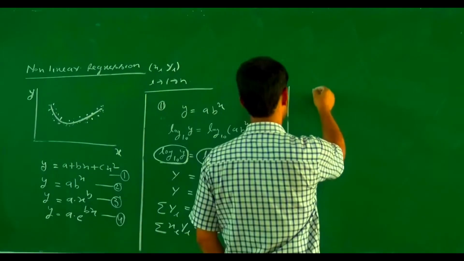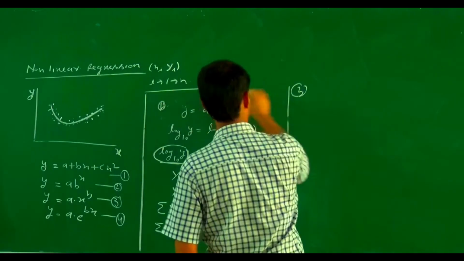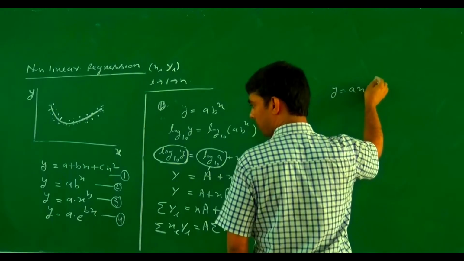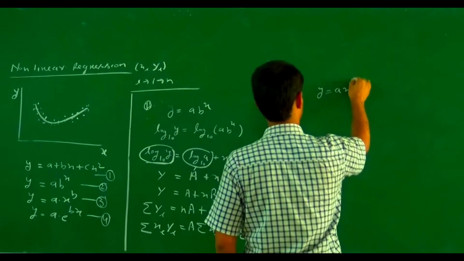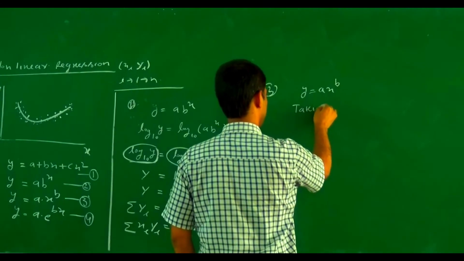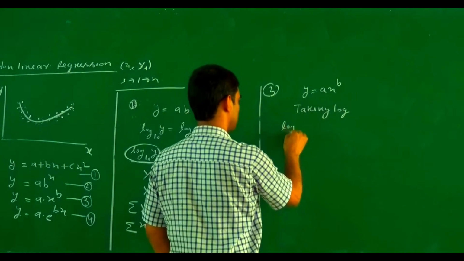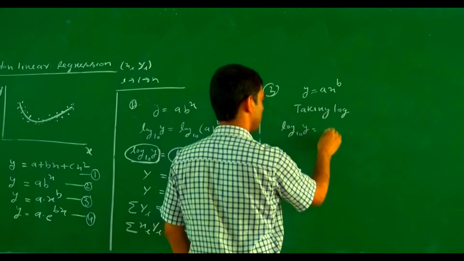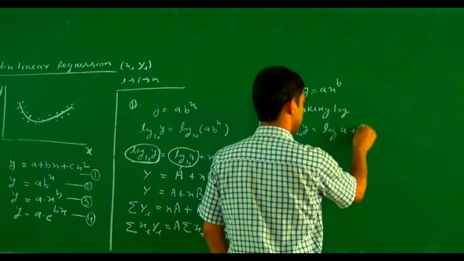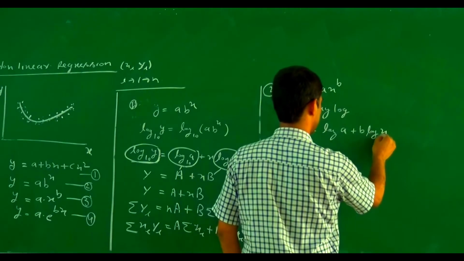So how we write the second one? This one is the second one, and this one is the third one. y equals a x to the power b. Again taking log on both sides, this becomes log base 10 y equals log a plus b log x.